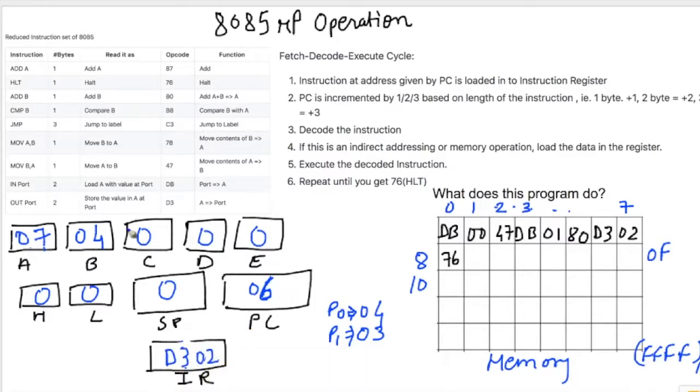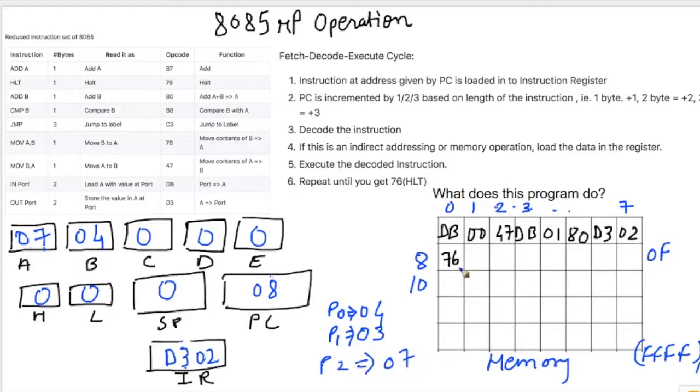PC will be incremented by 2 again, and the execution will be to store the value at the accumulator to the port. The port is number 2. So at port 2 we want to store the value at the accumulator. So in the accumulator we have 7. So at port 2 we'll get 7.